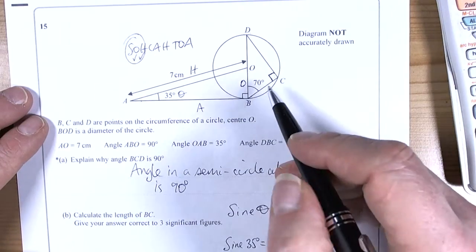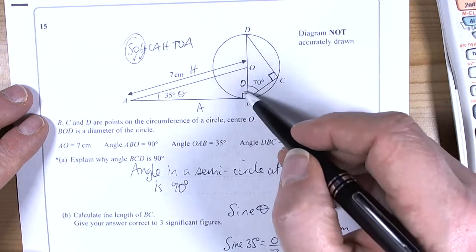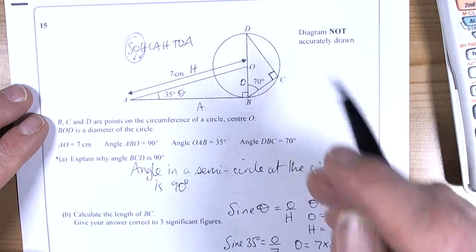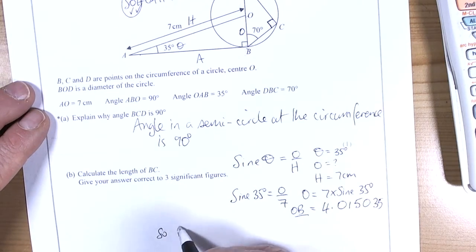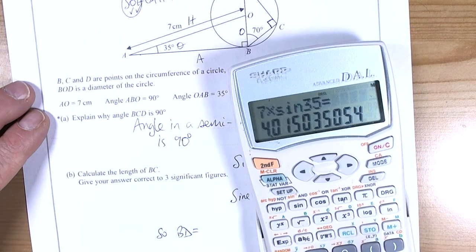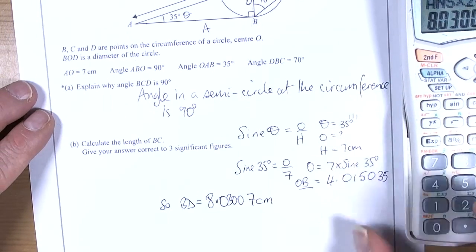The triangle we want to deal with to get the final answer for BC is this one here, and we've just worked out the length of OB, so we're going to double it to get the length of BD. So BD equals, if we double that, times by 2, equals 8.03007. That'll be accurate enough for this work because we've gone past 3 significant figures, and the question's working in centimetres, so we write our units down.